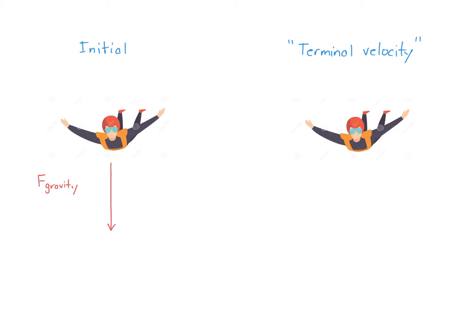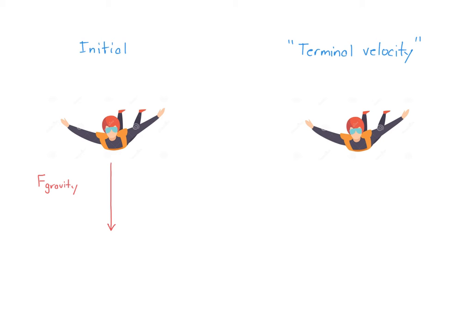And at least in that initial situation, that force is going to cause an acceleration of 9.8 meters per second squared. And in that initial situation, that'll essentially be the only force acting on them.